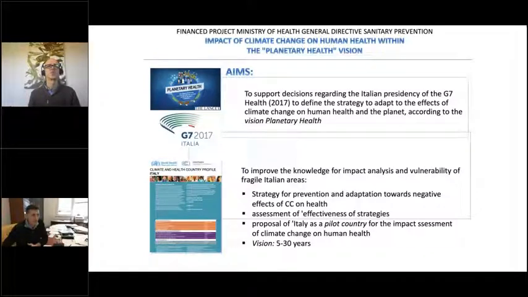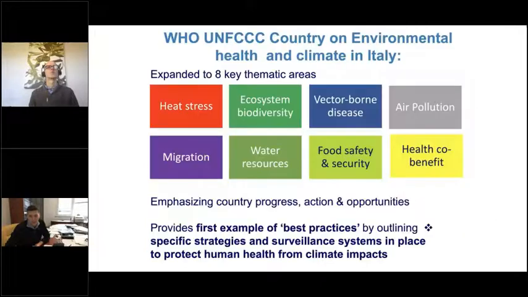There is a very nice initiative from WHO that gives health advocacy, to give a message to policy and to citizens around the role of environment and climate on health, and also to try to propose strategies.